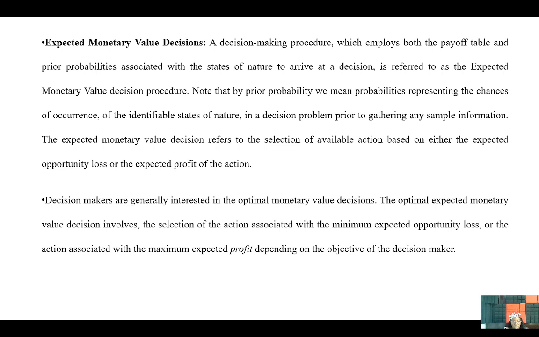Decision makers are generally interested in the optimal monetary value decisions. The optimal expected monetary value decision involves the selection of the action associated with the minimum expected opportunity loss or the action associated with the maximum expected profit, depending on the objective of the decision maker.